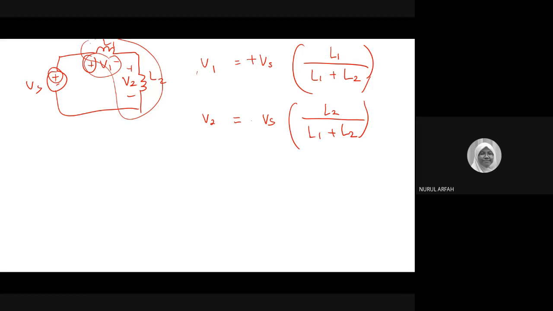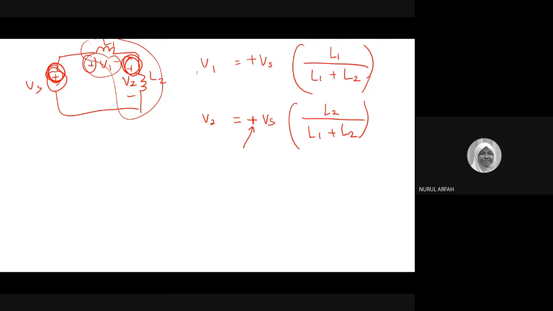Yeah, very good. And then the sign, positive or negative? Positive. How do you know? You look at the positive sign here and the positive sign here, these two. So this one should be a plus.